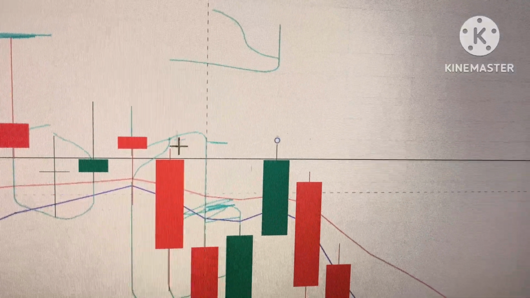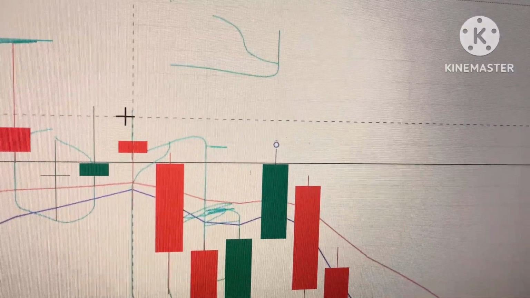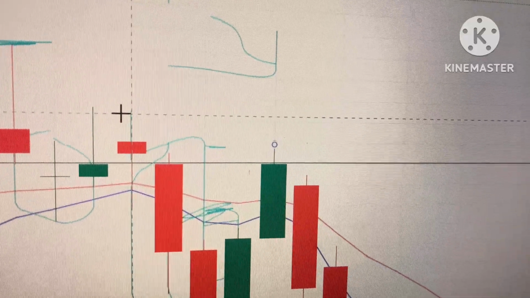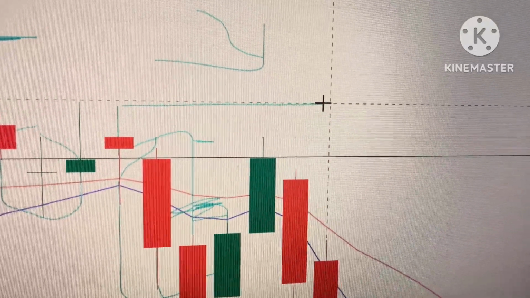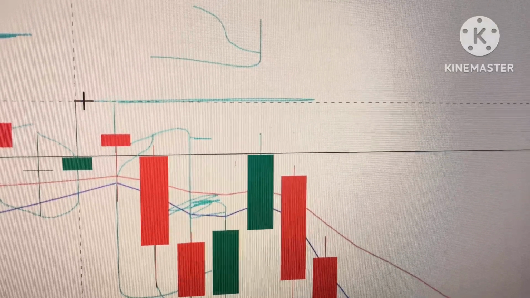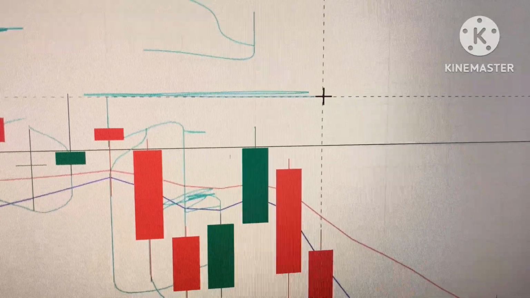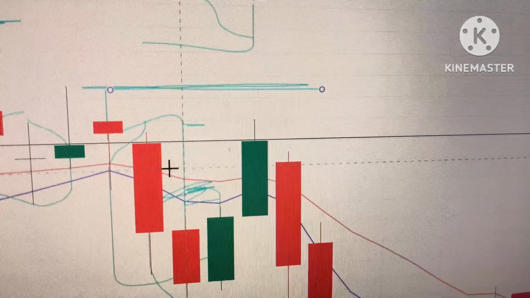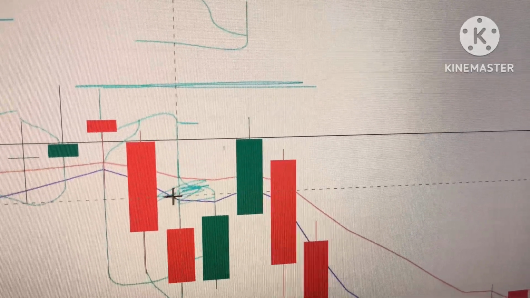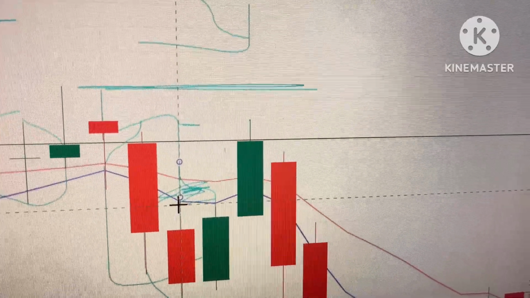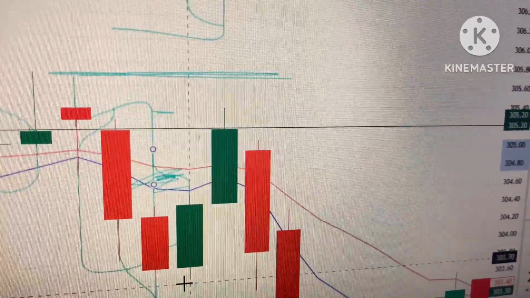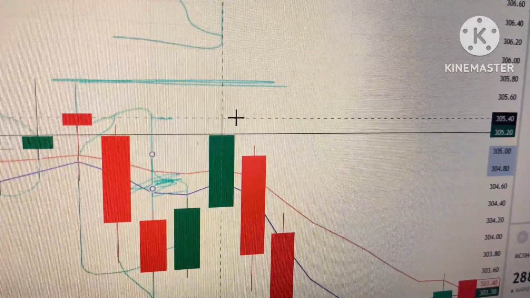So what you need to do is give a stop loss a little far. Let's make our stop loss this much. Okay, this would be our logical stop loss if we are taking entry over here on the wick of this red candle. Now the market will try to go up.